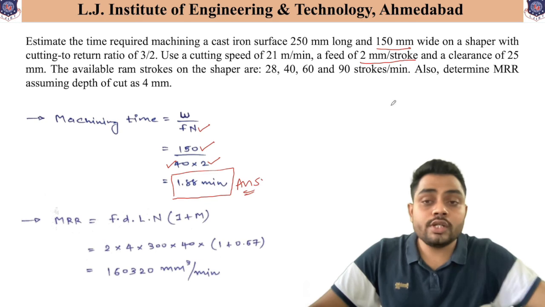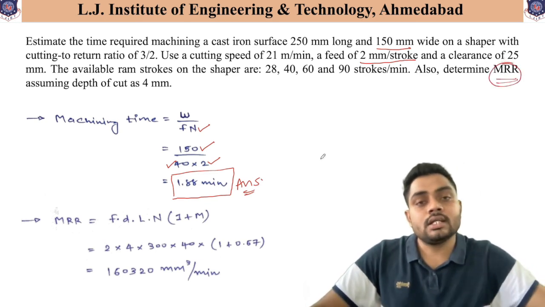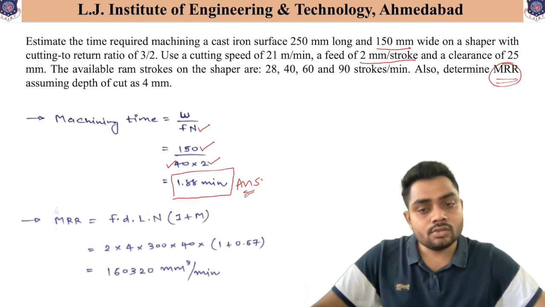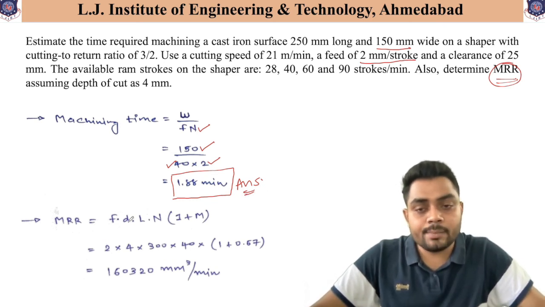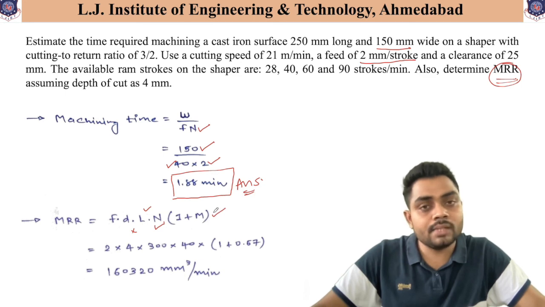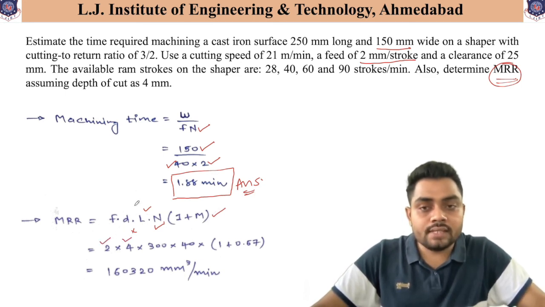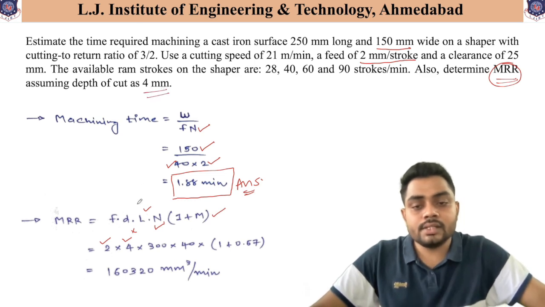Similarly, we also need to find the material removal rate, which is asked over here. So how to find the material removal rate? For that, one standard equation is available: feed into depth of cut into length, the total length traveled by the tool, into n, that is the strokes per minute, in bracket 1 plus m. This is the standard equation available to find the material removal rate. So here the value of feed is 2, depth of cut given is 4, right here mentioned.